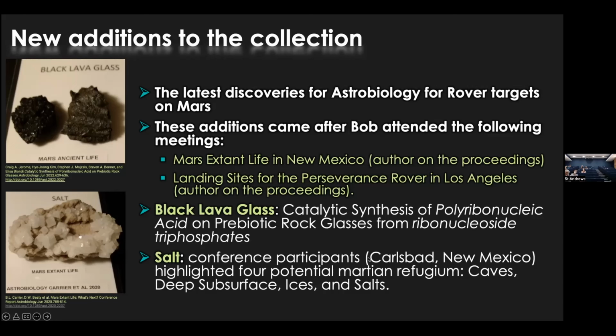He was also a conference participant at Carlsbad in New Mexico, where it was highlighted for potential Martian refugia. Yes, these are places where life could form and survive. These are caves, actually. We have to search for caves, and this is important.